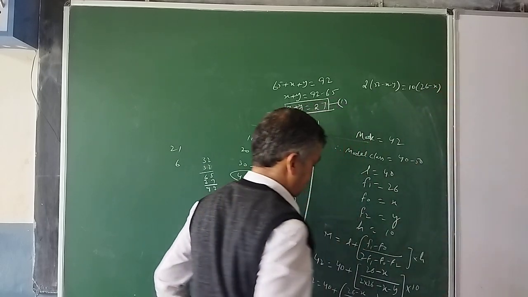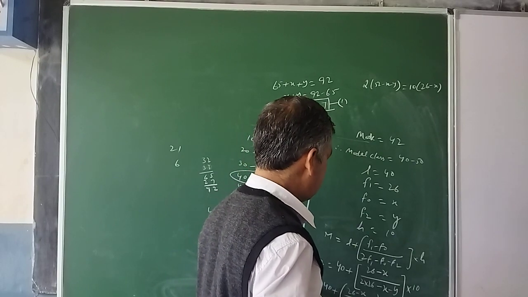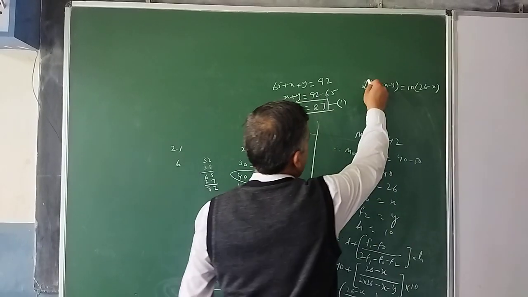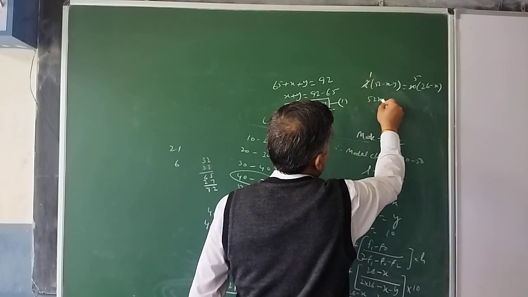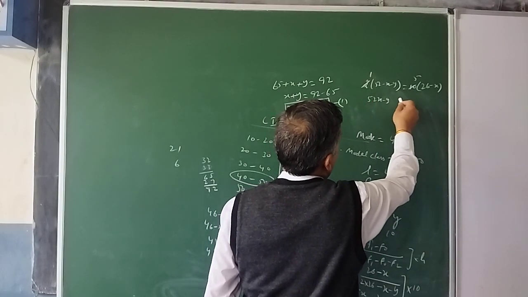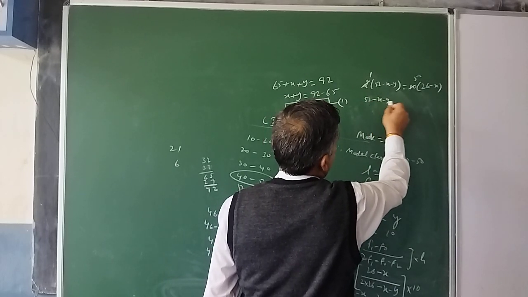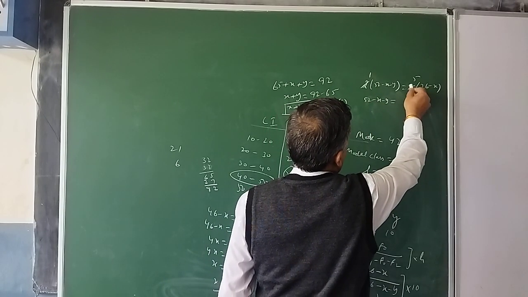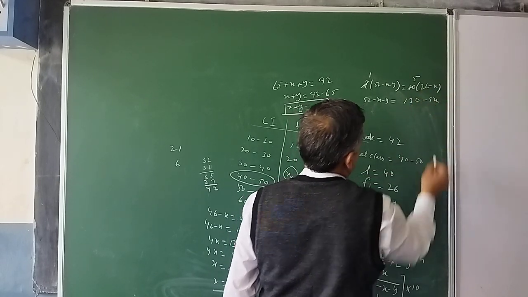This I have cross multiplied by taking the difference of these two. So this also I can cancel here. So 52 minus x minus y is equal to 130 minus 5x.